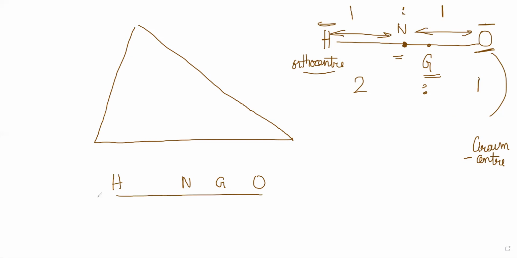If you call the whole length 6 units, you should have 4 units here and 2 units here, and 3 units here and 3 units here, right? You need to be familiar with these ratios. All 4 points are collinear, they lie on the same line, and this is the ratio in which it is divided.